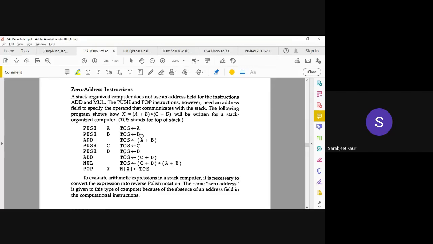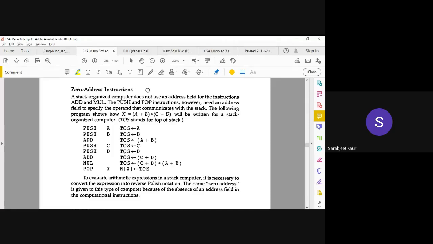And if I say add, then the two topmost elements from the stack are popped, they are added, and the result is put back on the top of the stack. Isn't this amazing? We don't have to deal with so many addresses. That is why these instructions are also called zero address instructions.